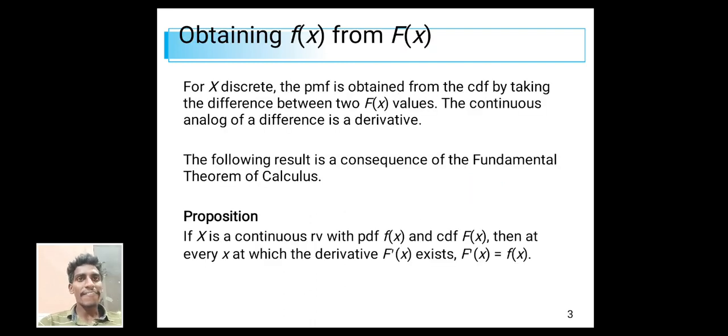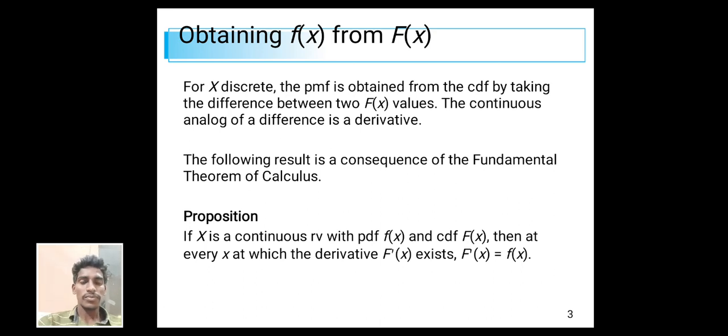Obtaining f(x) from F(x). For X discrete, the PMF is obtained from the CDF by taking the difference between two F(x) values. The continuous analog of a difference is a derivative.